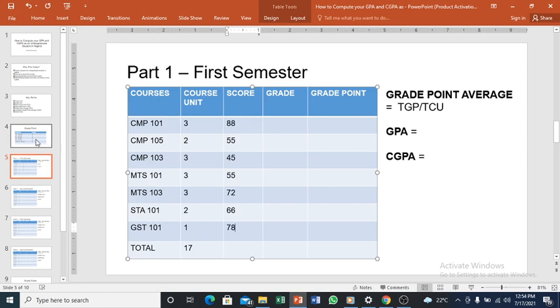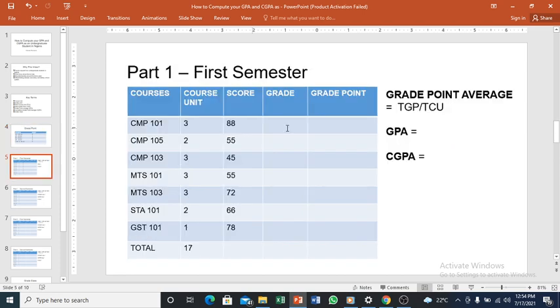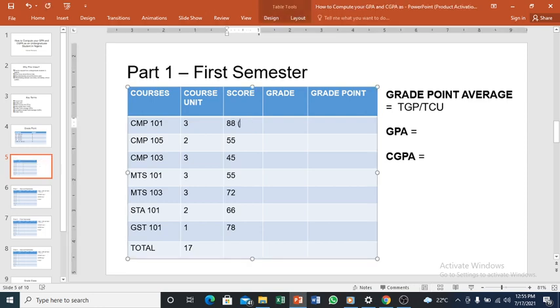Now, like I said, from our grade point explanation, you can see we have 5, 4, 3, 2, and 0. So it means in this particular course, this particular person, 88 is 5 points, 55 is 3 points, 45 is 2 points, 55 is 3 points, 72 is 5 points, 66 is 4 points, 78 is 5 points.